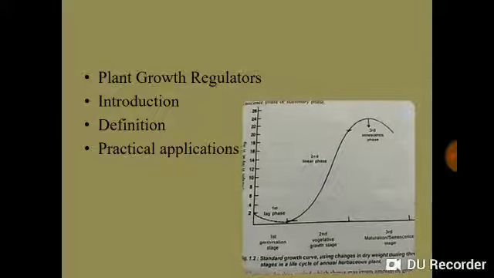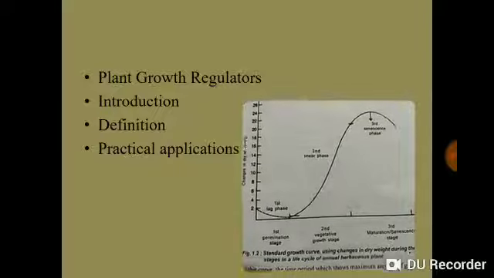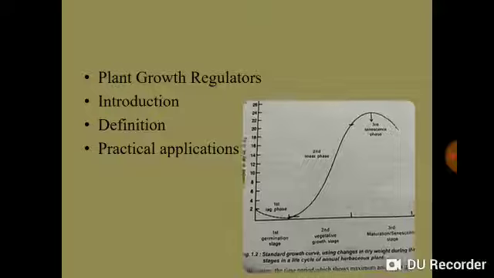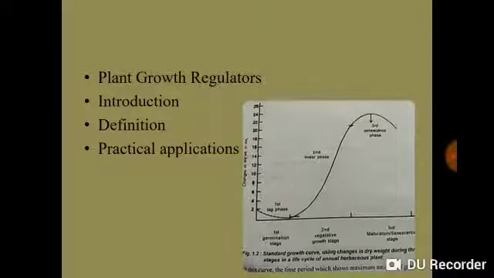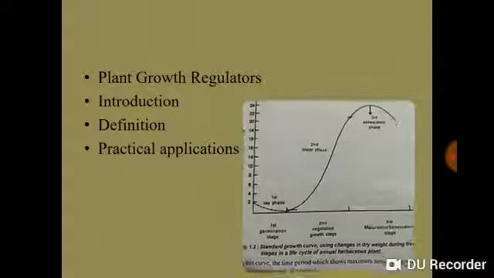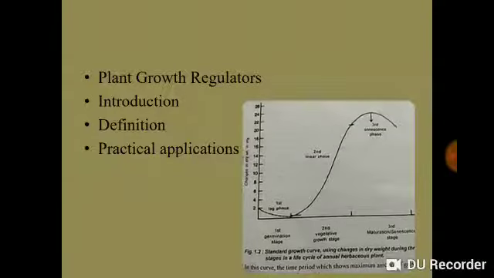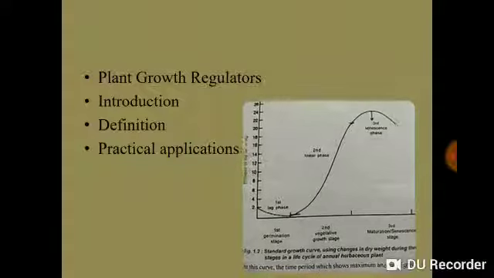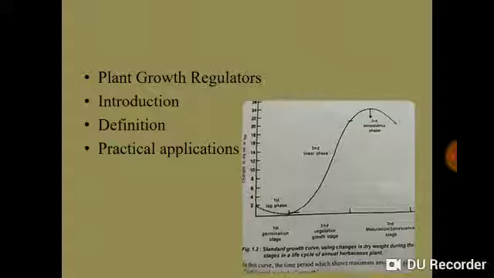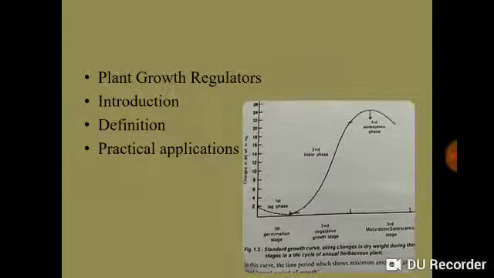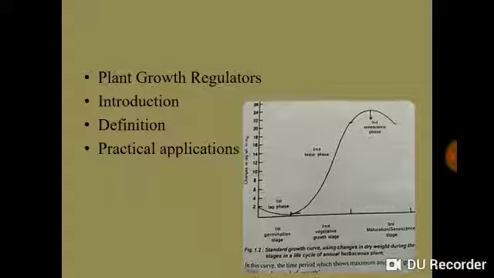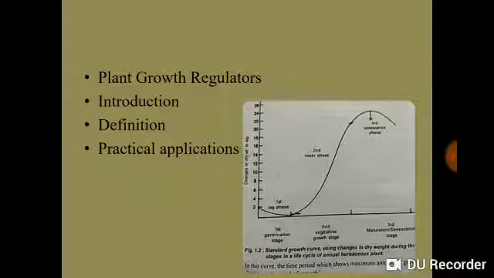We can use data of growth rate in all these structures using one of the parameters like length, size, area, volume or dry weight. Such data indicate that the growth in a plant, plant organ or a cell passes through different phases, and during these phases there is a distinct difference in the rate of growth.